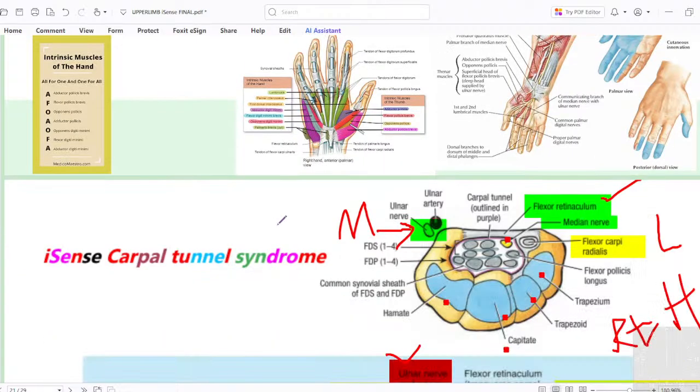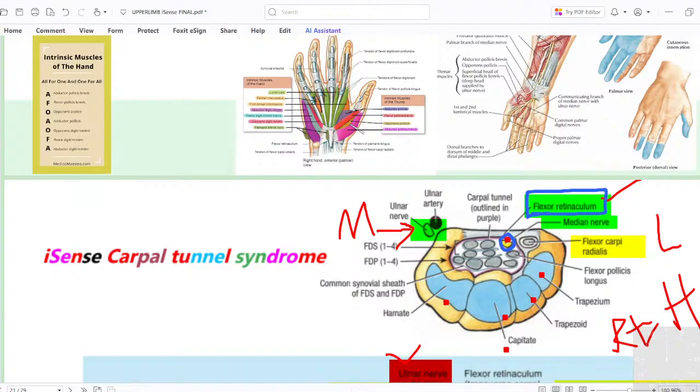This is the flexor retinaculum. Only the median nerve goes below the flexor retinaculum; all other nerves go above.